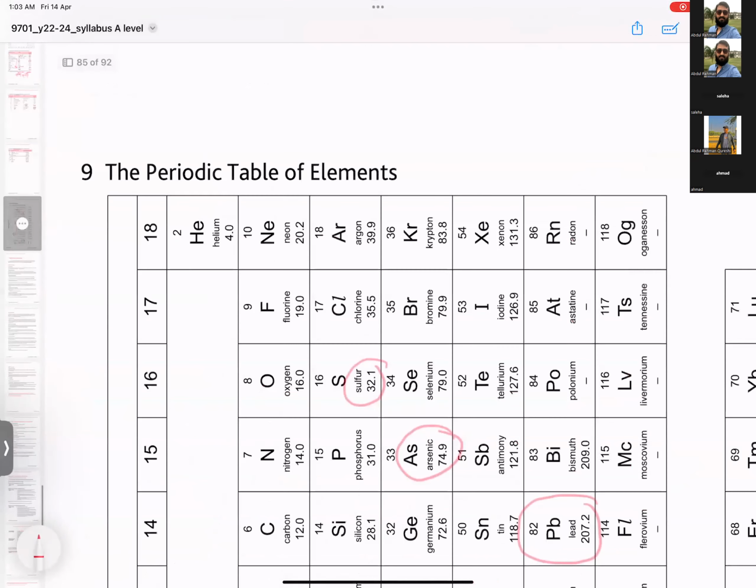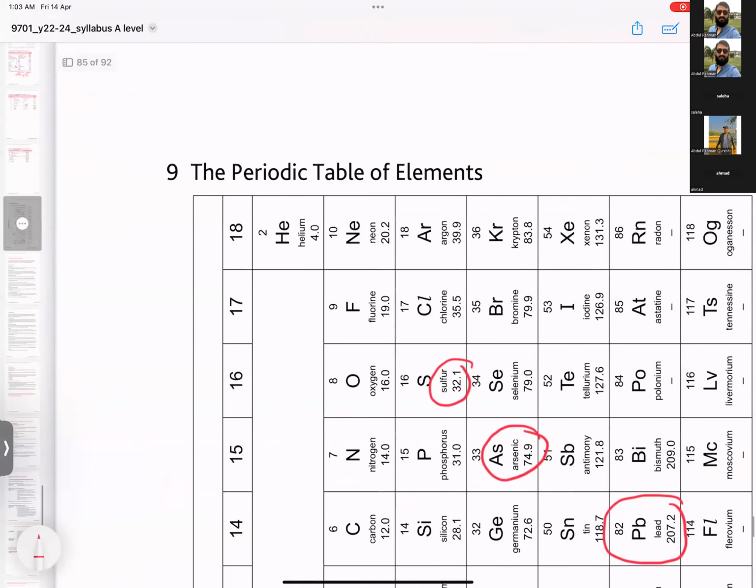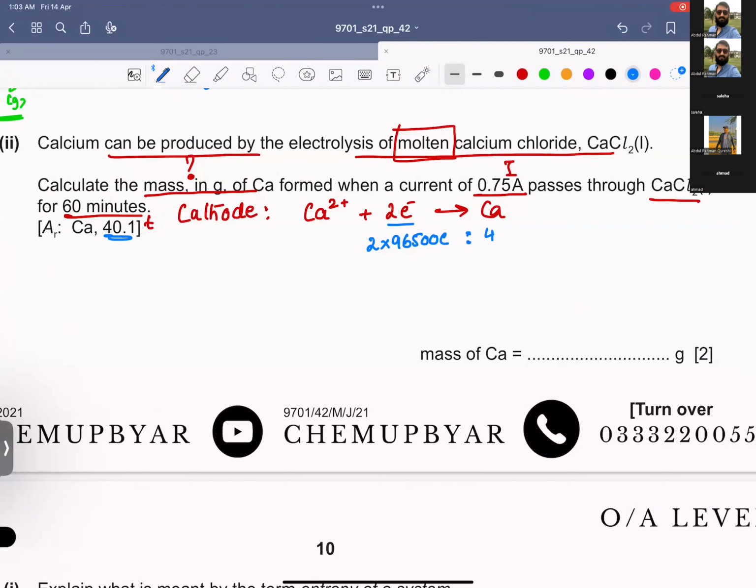I always get confused. Sir, it is written there, 40.1. Okay, where is it? Okay, thank you. So 40.1 gram of calcium is produced.